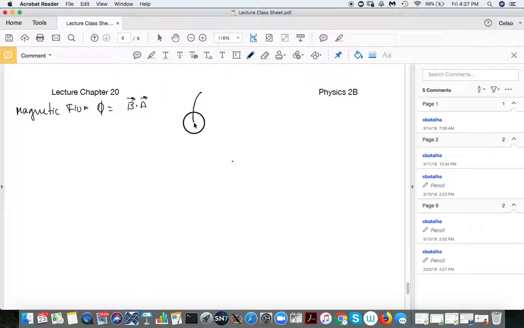So imagine you have a circle, a loop, which is a perfect circle, and not only that, you also have magnetic field lines crossing the circle. These magnetic field lines have a strength at the point where they cross the area.